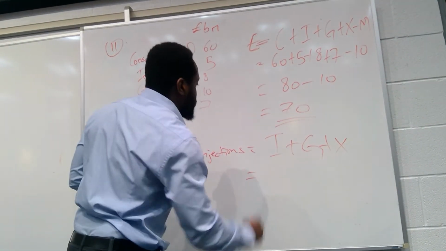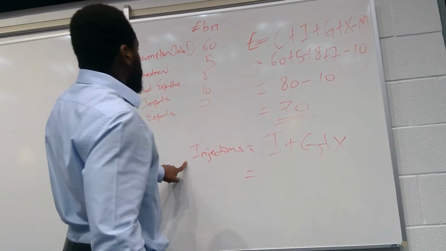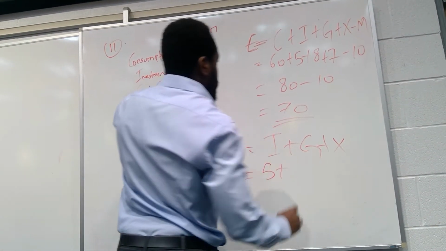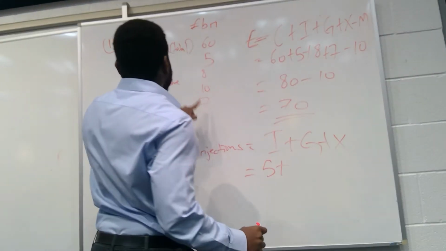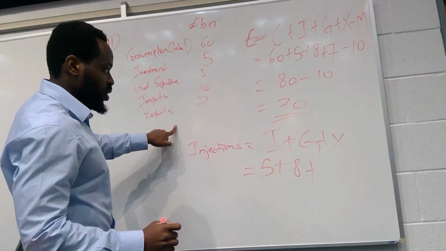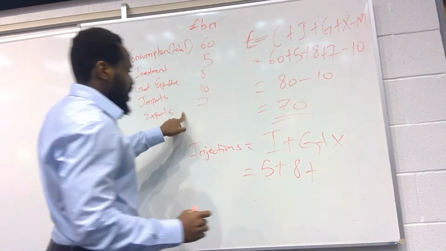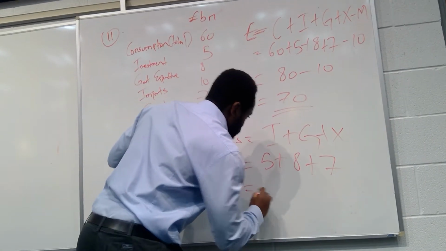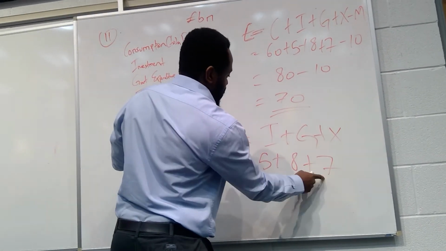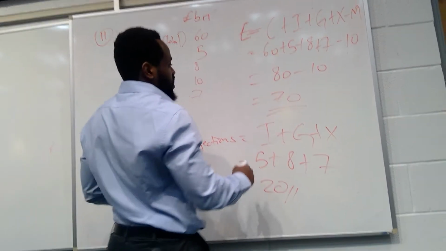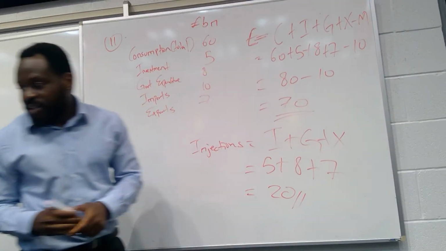So in this case, our injections would be 5 plus government expenditure, which is 8, plus, what's the other one? 7, exports, 7, yes. 7. So what does this give us? 5 plus 8 plus 7? 20. This one's 20. Thank you so much. 20, okay? So there we have it.